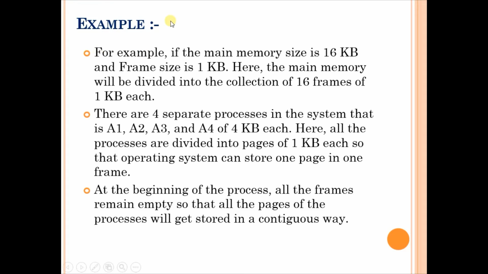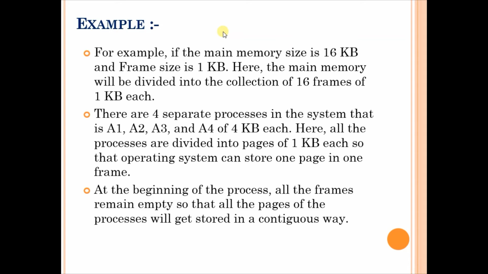For example, if the main memory size is 16 KB and the frame size is 1 KB, the main memory will be divided into a collection of 16 frames of 1 KB each. There are four separate processes in the system, that is A1, A2, A3 and A4, of 4 KB each. Here all the processes are divided into pages of 1 KB each so that the operating system can store one page in one frame at a time.